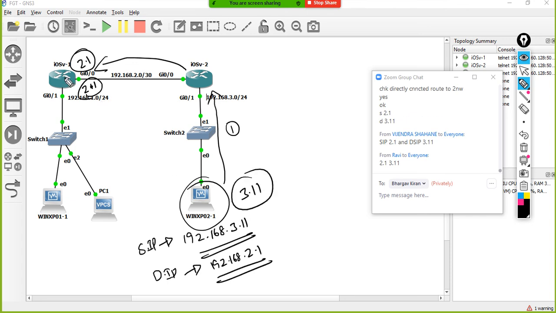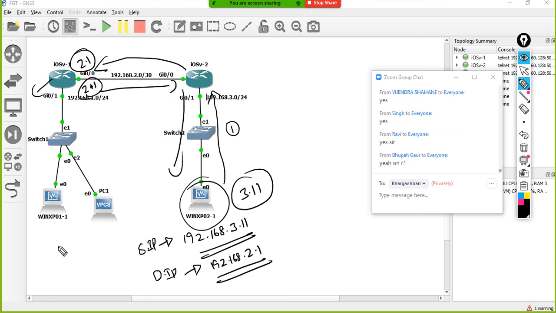So we already wrote one static route here. Do you remember, for 192.168.3? Yeah, Bhupesh. Now what will the request do? It will send back and it will come back to you or not? Then why do you say no? Understand or not? Bhargav, are you clear?